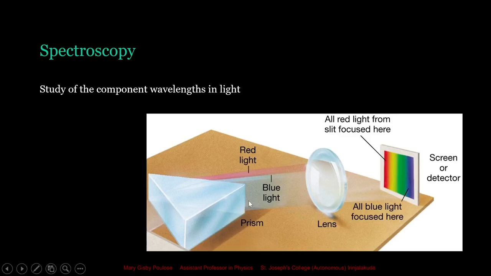In the figure shown here, we have a source light falling on a prism, and that prism disperses the different component wavelengths. If that light is focused onto a screen, we can see the different component colors. So we are trying to study each component color, the different component wavelengths in that light.